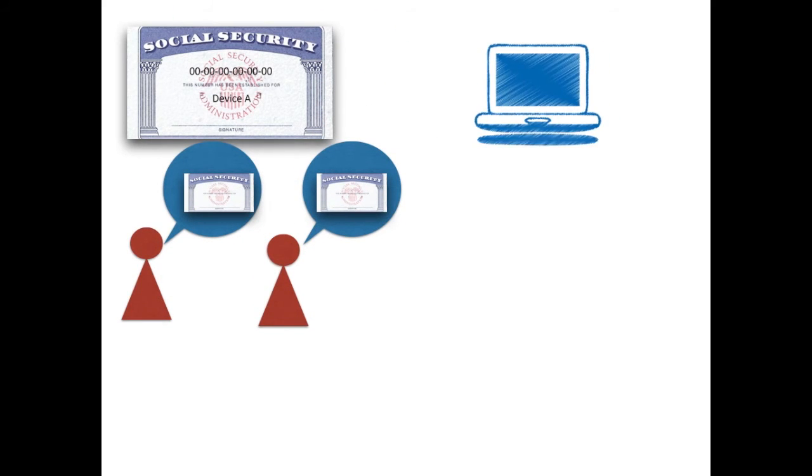MAC address works like a Social Security number. Everybody has their unique Social Security number. Every device has its unique MAC address, which is physically built into the machine. A Social Security number will never change no matter where you are.